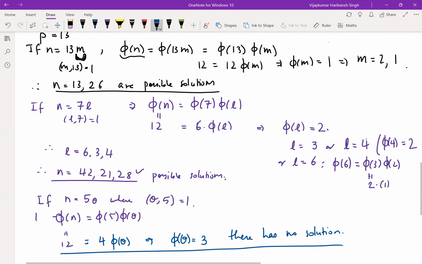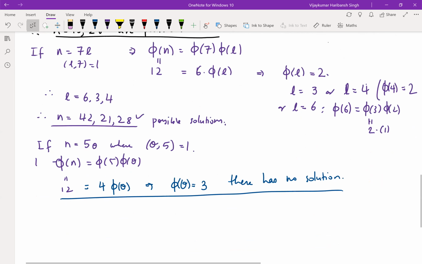Okay. Now comes the possibility. So 5 is taken care of with its different factors. Now what are the prime factors which remain? The prime powers which remain: n is of the form 2 to the power a times 3 to the power b. Let's work this out. Phi of n on one hand is given to us as 12.